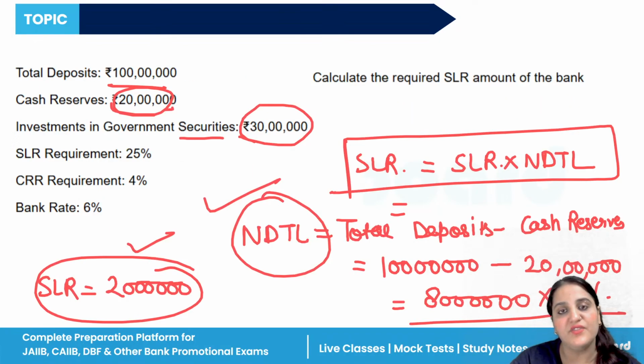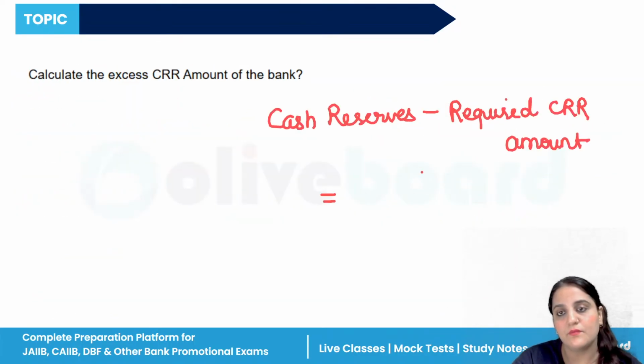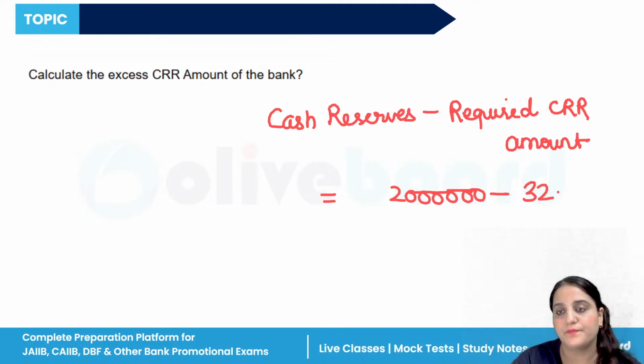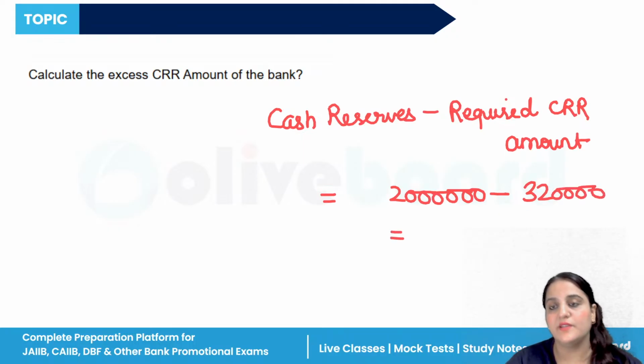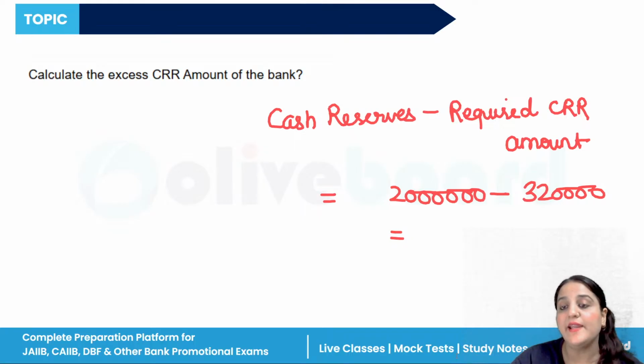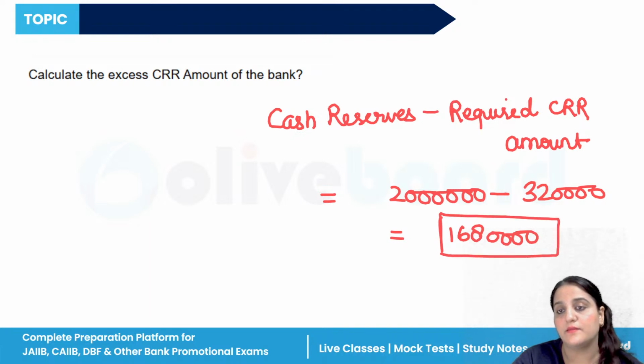So cash reserves are given 20 lakh and required CRR amount is 3,20,000. So it is equal to 16,80,000. This is the answer.